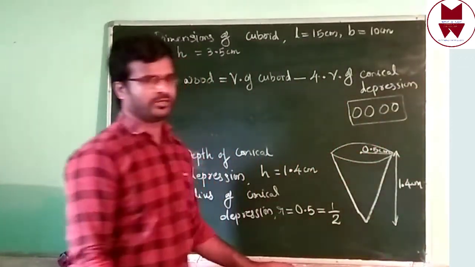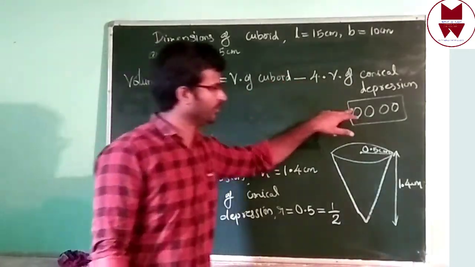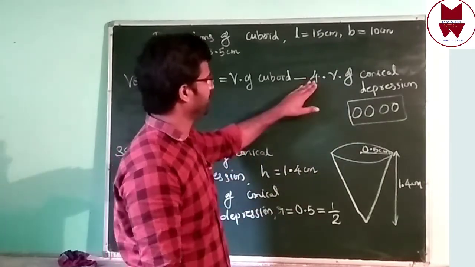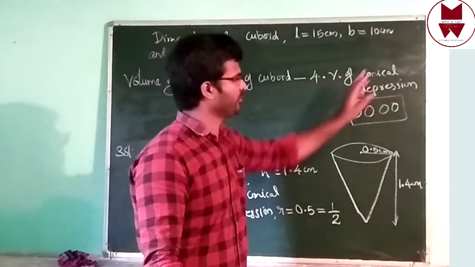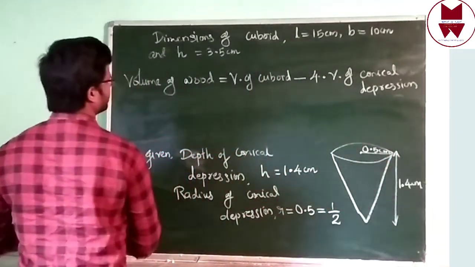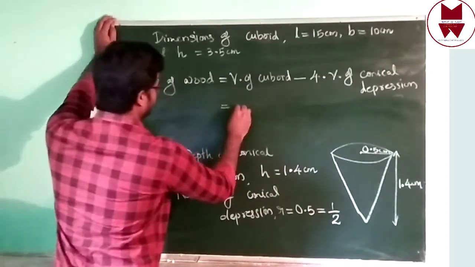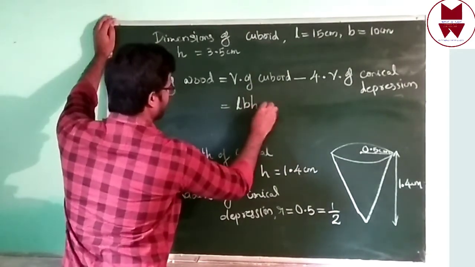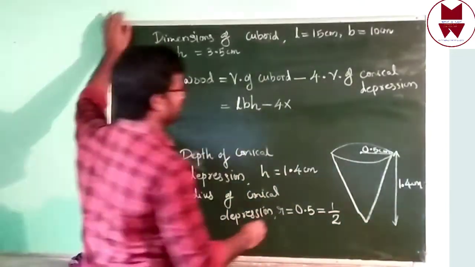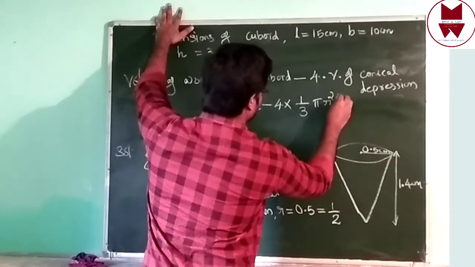That time you will get the volume of wood. Volume of cuboid minus 4 into V, the volume of a conical depression, because in this figure a total of 4 conical depressions are there. Then you can use formulas. Volume of cuboid, that is LBH, minus 4 into volume of cone. Volume of cone is 1 by 3 pi r square.